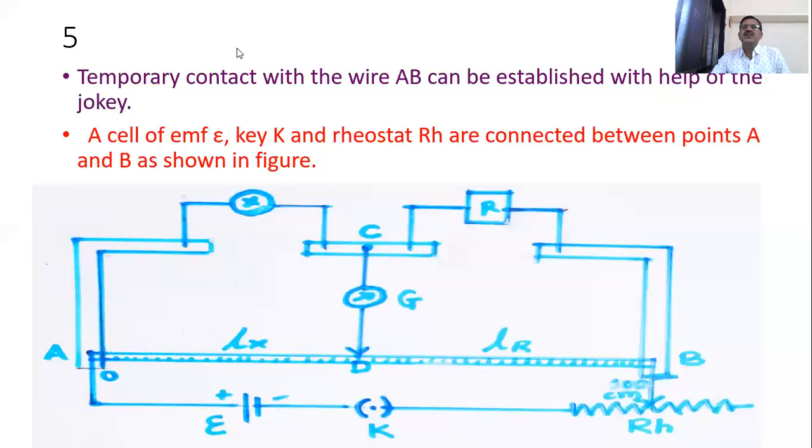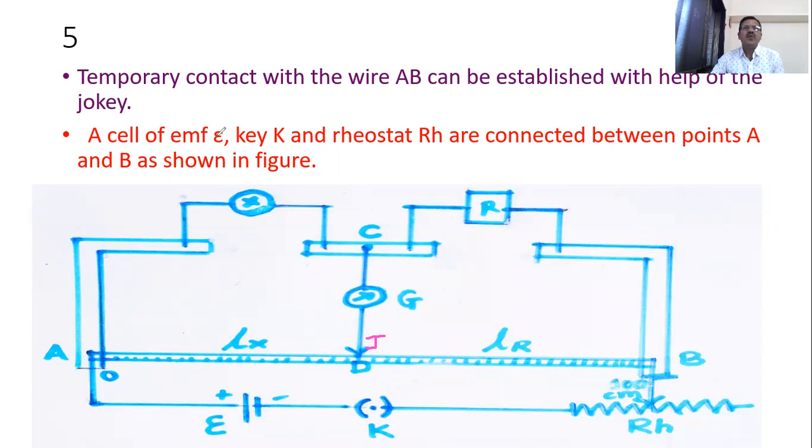Temporary contact with the wire AB can be established with the help of this jockey. This jockey is not permanently connected to any point of this wire AB.